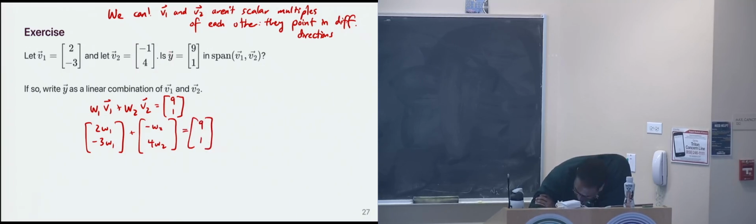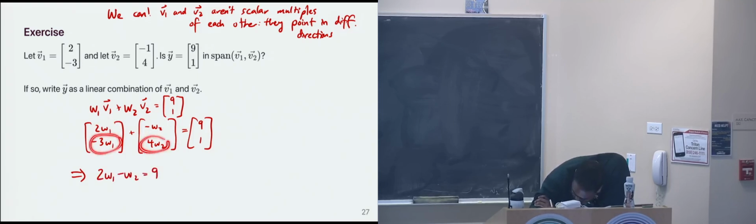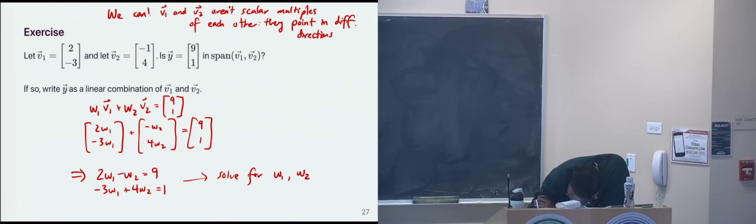Okay? And if I do this vector sum here, I pull out these two. That gives me 2w1 minus w2 equals 9. And these two, -3w1 plus 4w2 equals 1. And I can solve for w1 and w2.